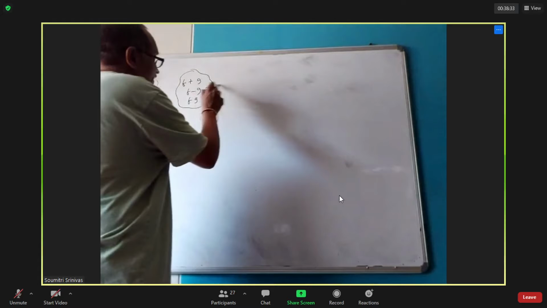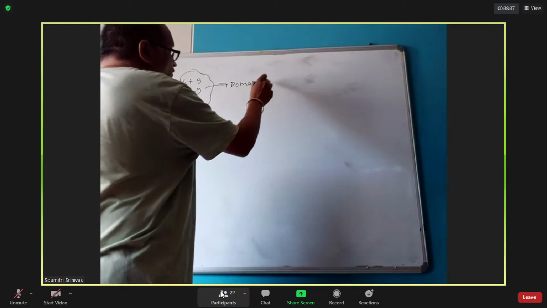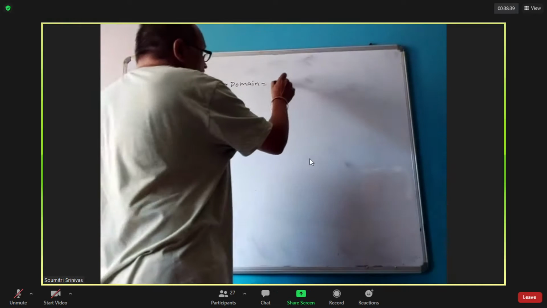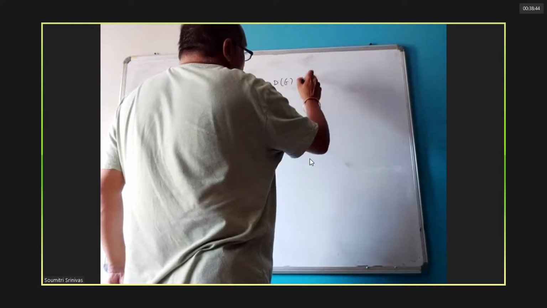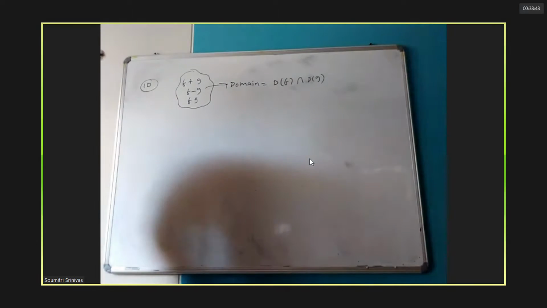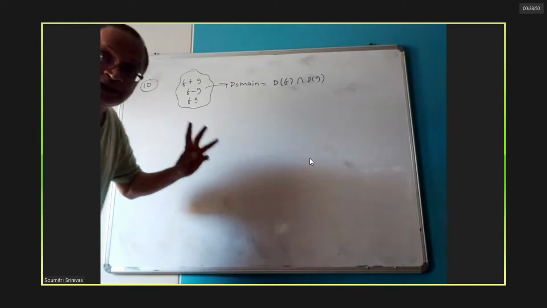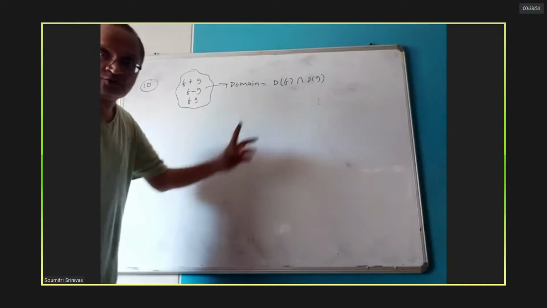In this case, domain is equal to domain of f intersection domain of g. Remember, it can be more than two functions. I just wrote an example for two.